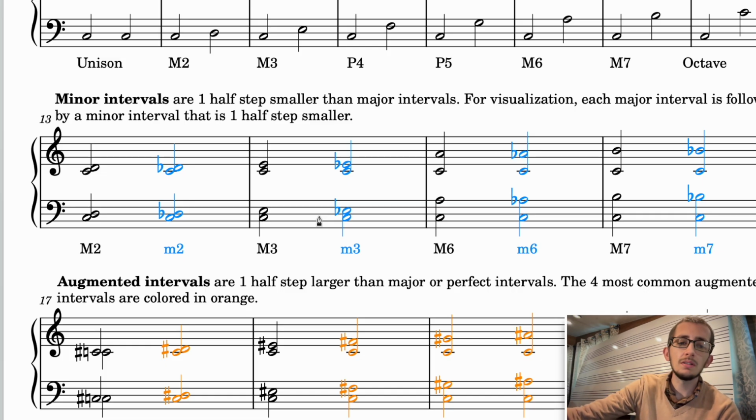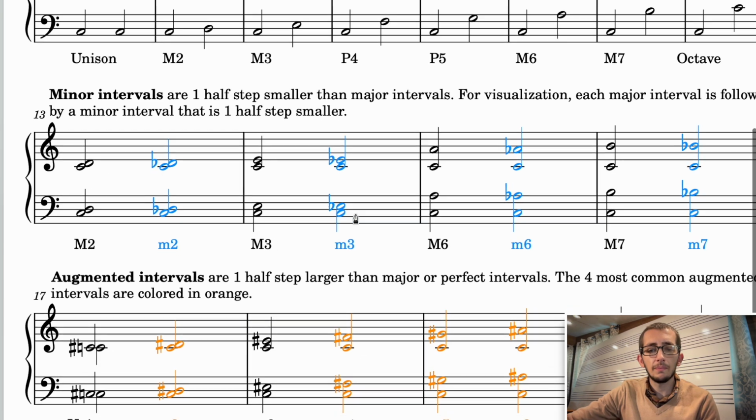C to D is the major second, and then C to D flat is the minor second. So C to D, C to D flat, that's the minor second there. And then C to E is our major third. What if we lower that E down a 1/2 step? We get the minor third. C to E flat is our minor third.